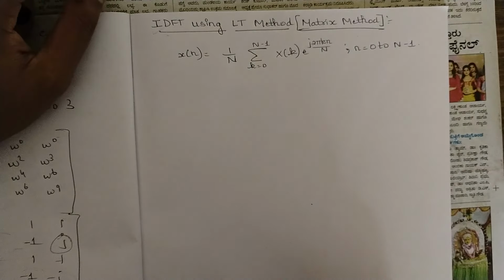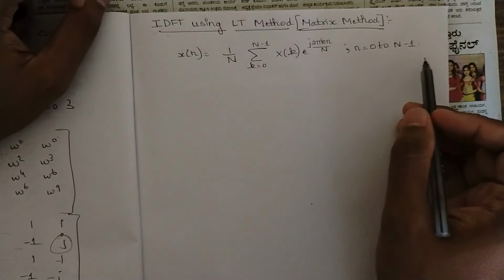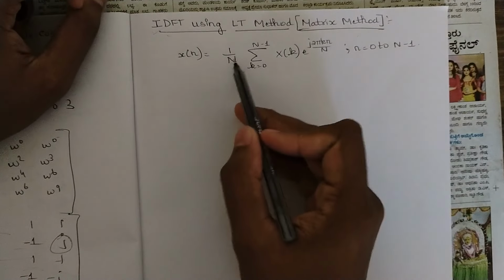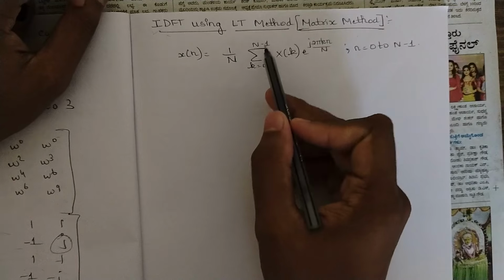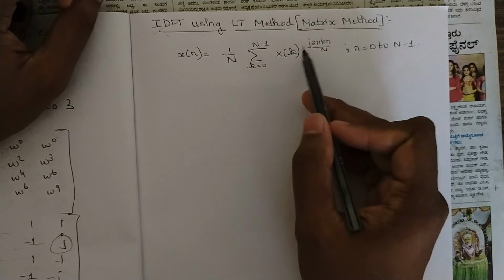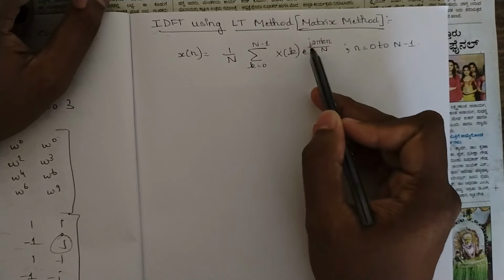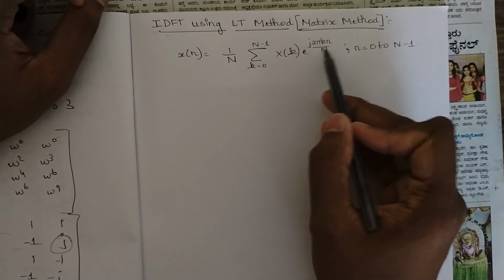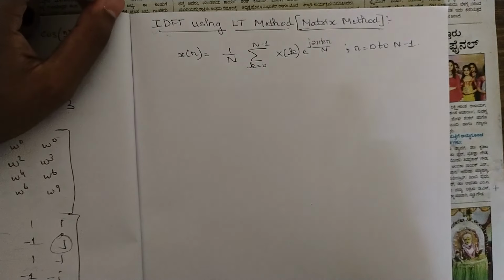In the last video we have discussed DFT. So here, without wasting much time, I have written the formula for IDFT here. x of n is equal to 1 by N, summation k equal to 0 to N minus 1, X of k, the DFT, e power j 2 pi k n by N, where n varies from 0 to N minus 1.